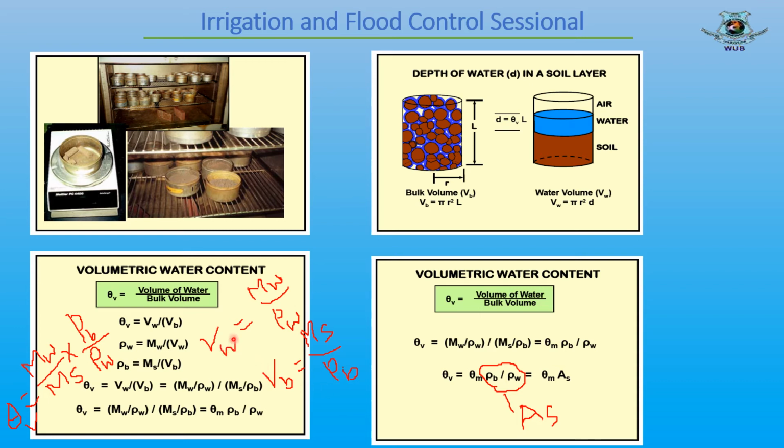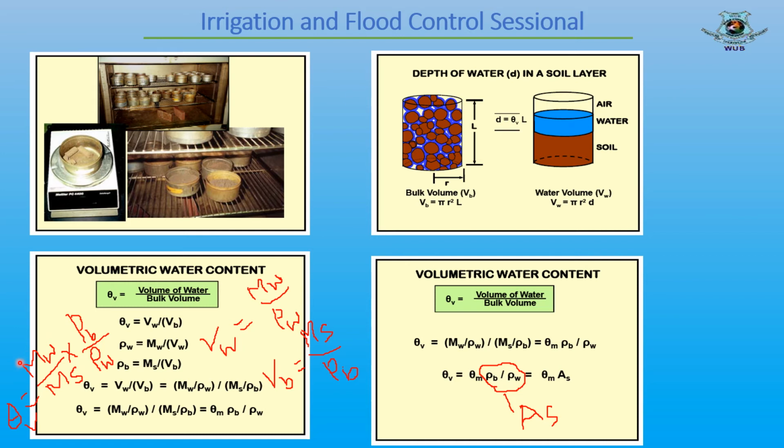And if we replace these two equations Vw and Vb here in this equation, we will get theta v equals Mw divided by rho w, divided by Ms divided by rho b. And we can also write theta v as theta v equals Mw by Ms into rho b divided by rho w.